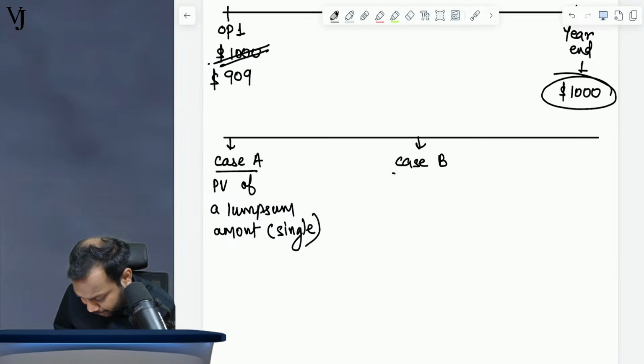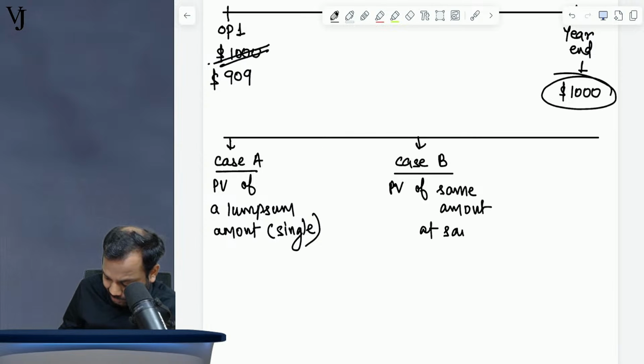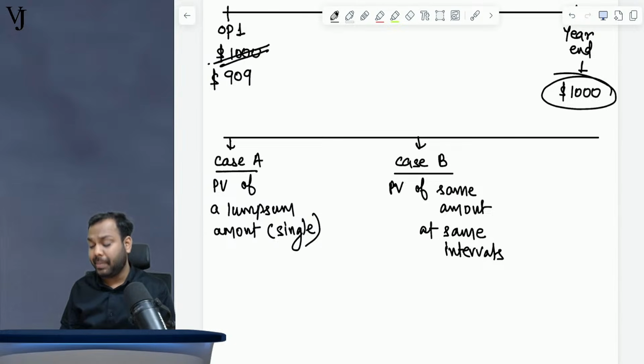Case B is present value of same amount at same intervals.